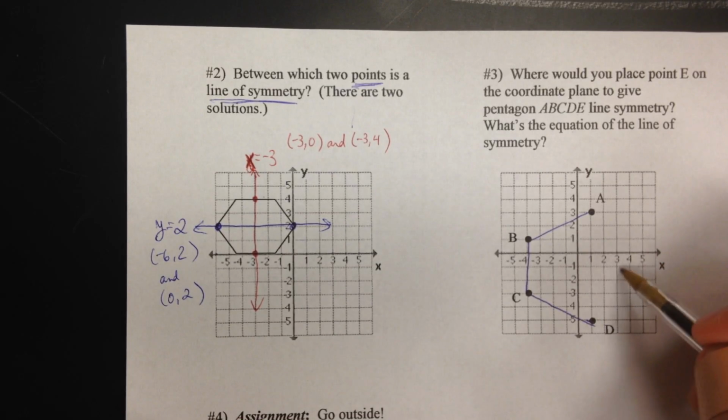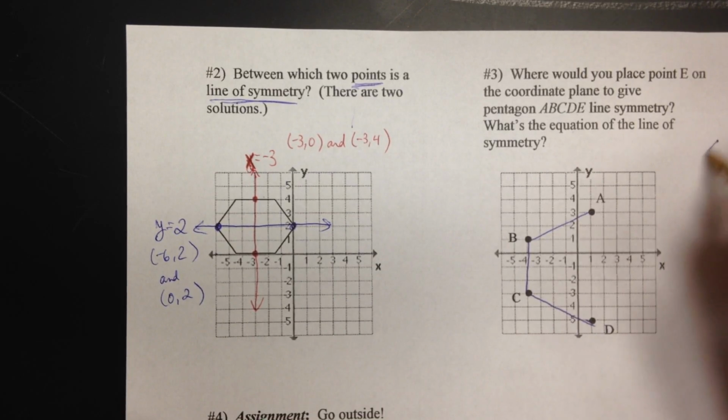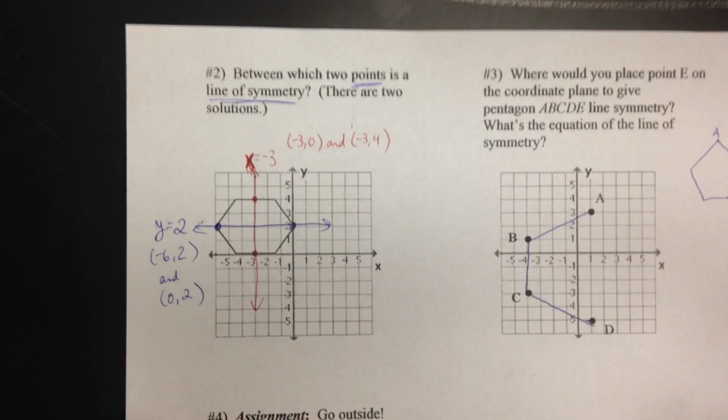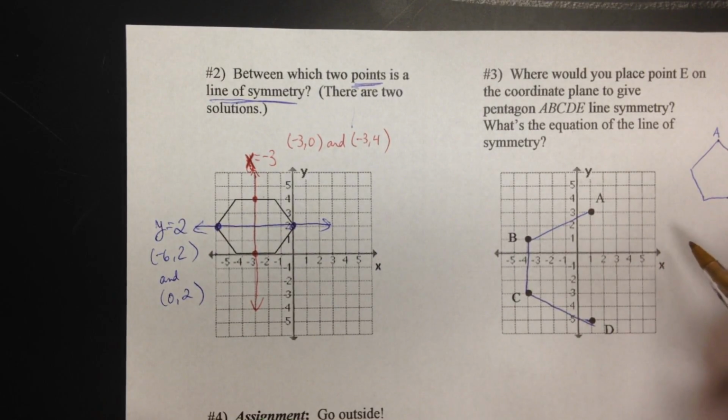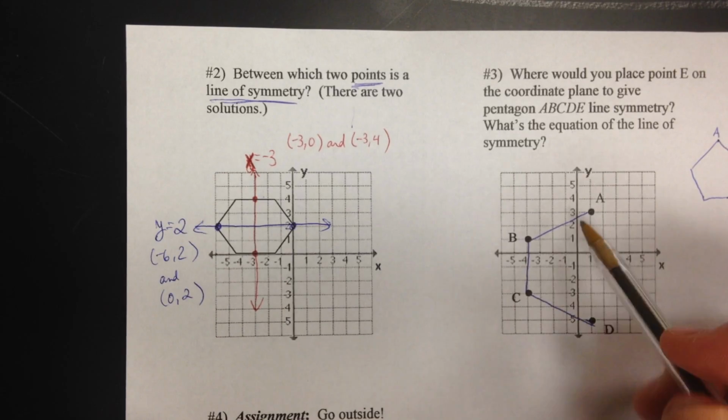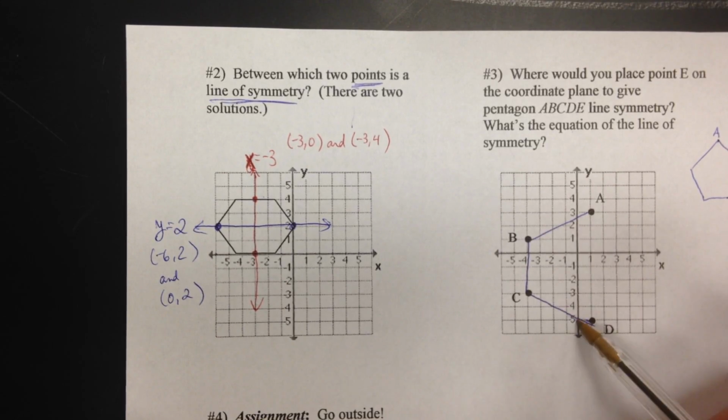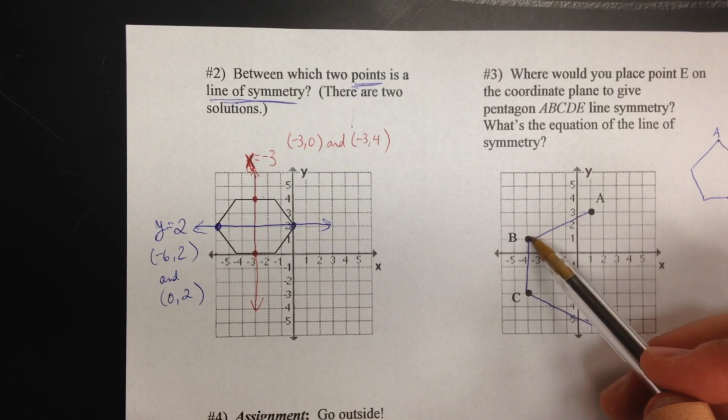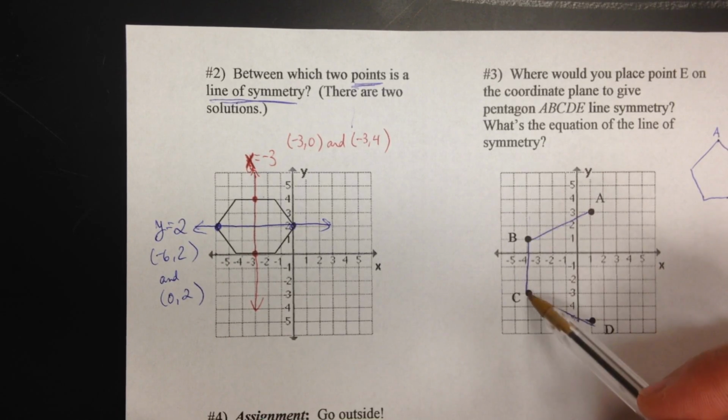If I pick E over here, I guess the question is, when you look at a pentagon, we typically look at it like this. So you're probably thinking A is that top point. But the problem is, where would I put this to make this AE and ED the same? Now if you look at BA and if you look at CD, they're actually the same distance.